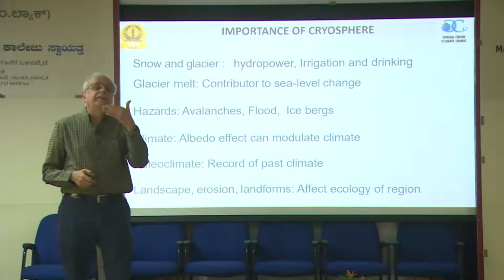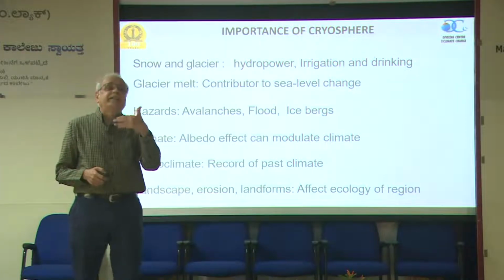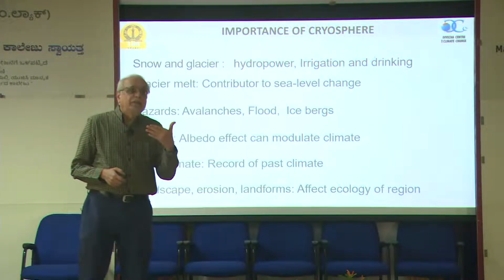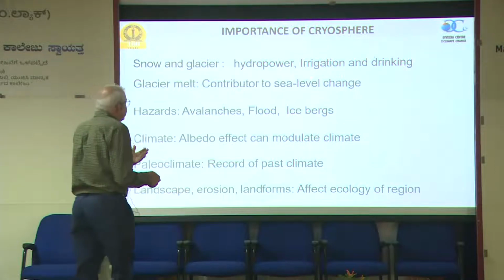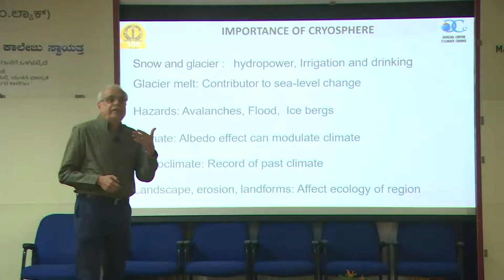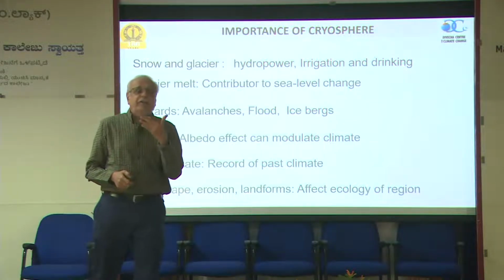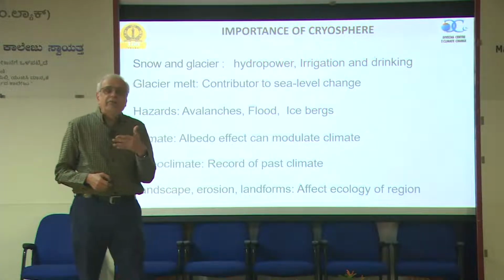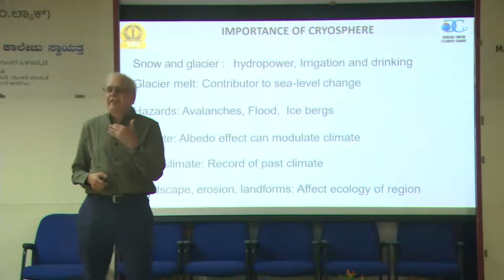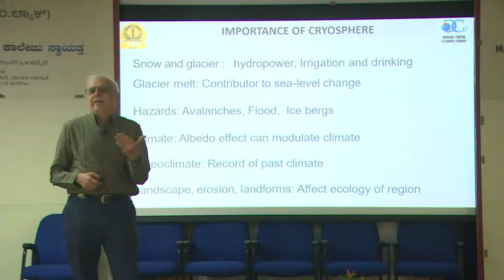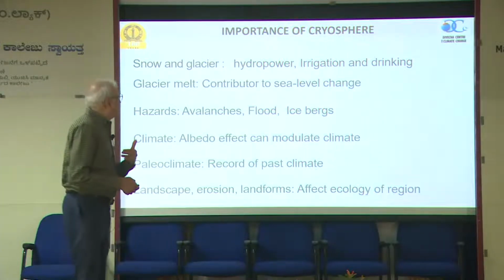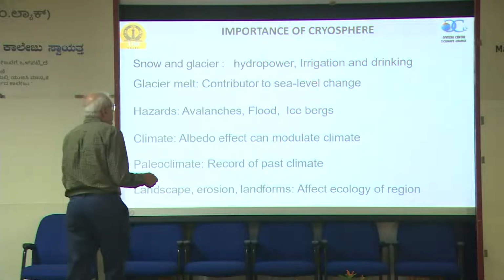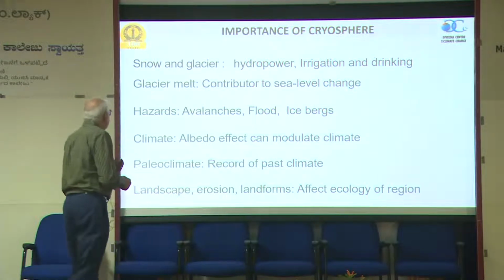If the cryosphere changes, how will the power generation capacity change, and how will it affect irrigation, particularly on the Indo-Gangetic plain? Because the Indo-Gangetic plain is the food basket of India, and almost 60% of India's food grain is produced in Punjab, Haryana, and western Uttar Pradesh. So we really want to know how it is going to affect that, and drinking water of course.